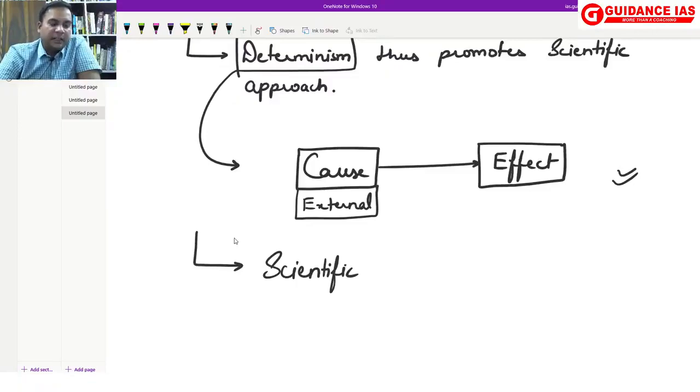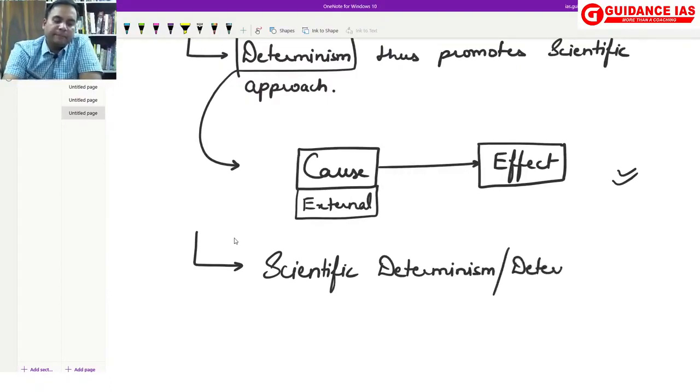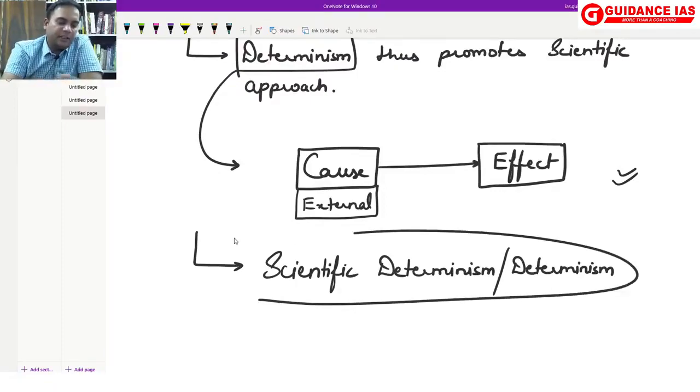Will it be scientific? So the deterministic philosophies which have developed later on, can they all be grouped simply under what we can call scientific determinism, or simply determinism?